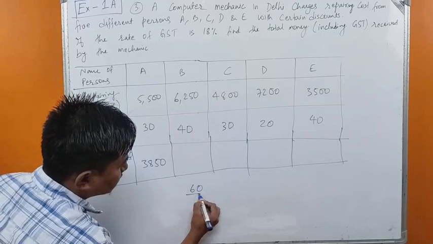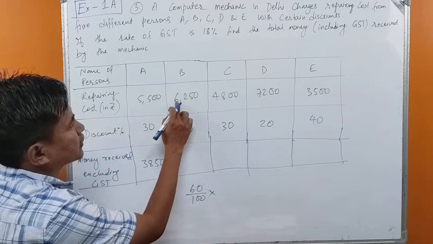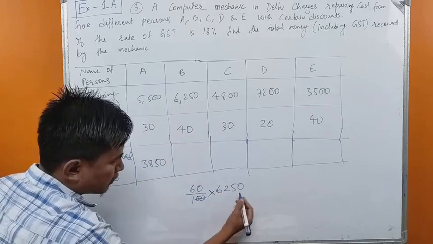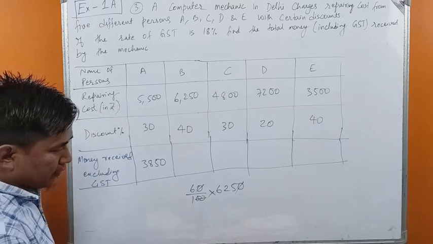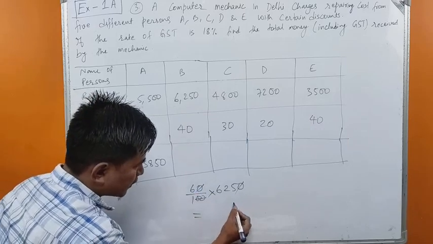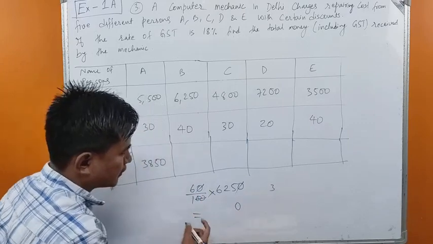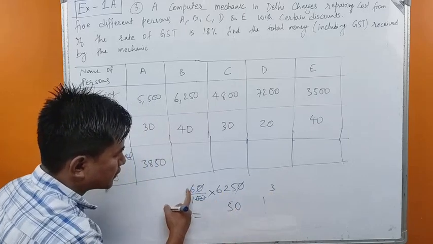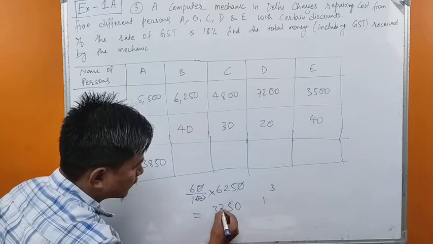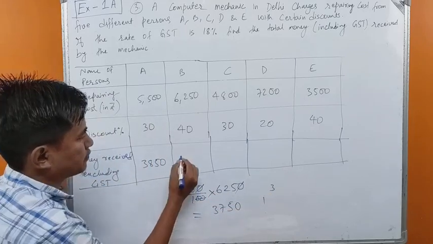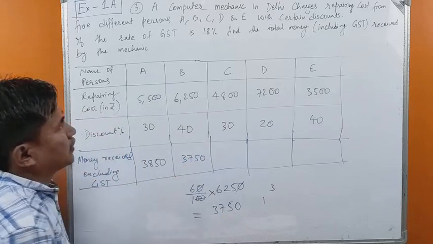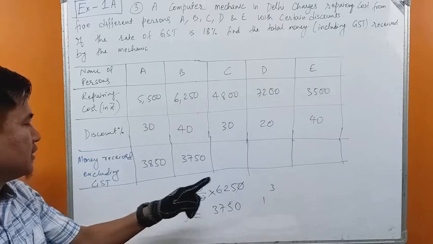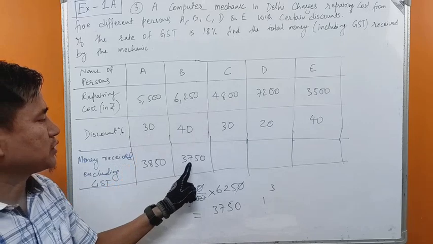So 60% of 6,250 means 60 over 100 times 6,250. The zeros cancel out. 6 5s are 30, 0, 3 in hand. 6 2s are 12, 12 plus 3 is 15, 5, 1 in hand. 6 6s are 36 plus 1 is 37. 3,750.